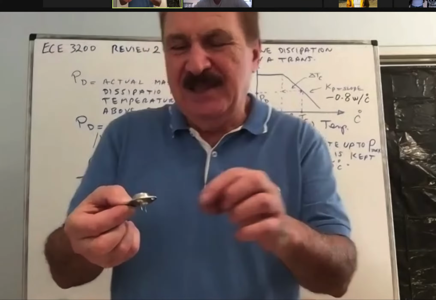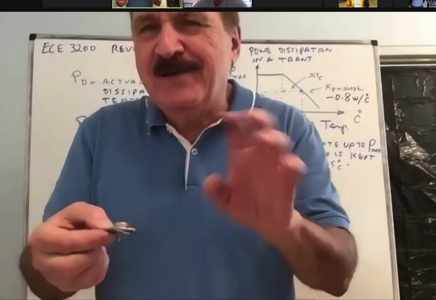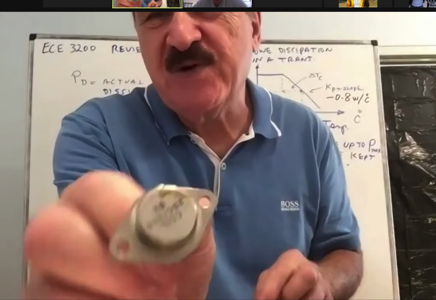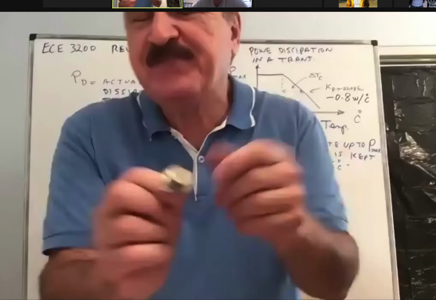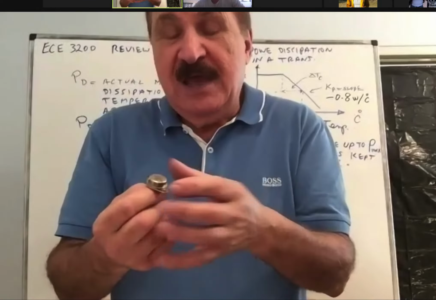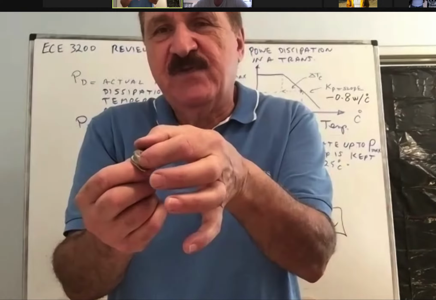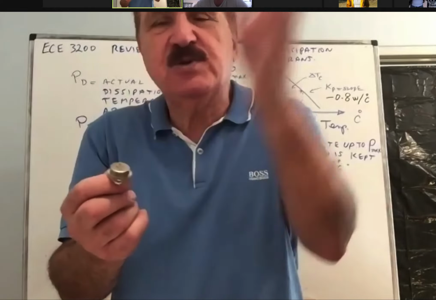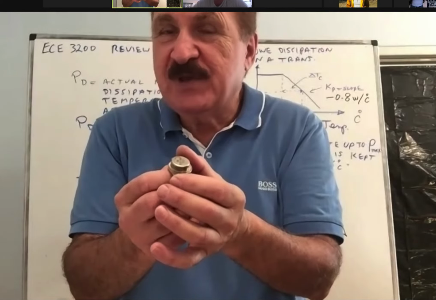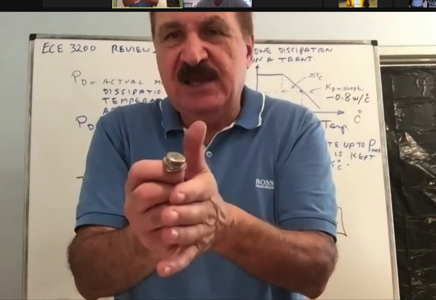Only a little of that energy will be lost through this tiny little surface into the air. But how can we enhance the transfer from that body into the air? It's the one that I just told you: two metals contacting each other.